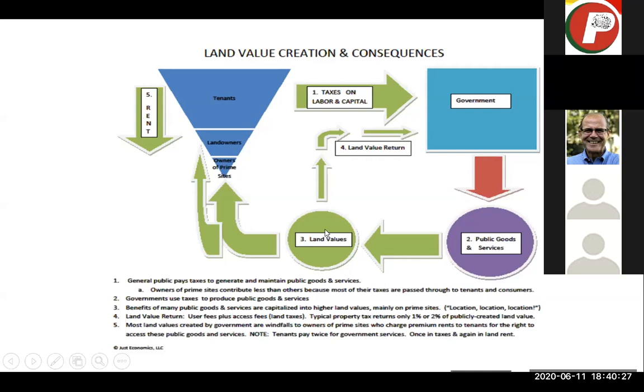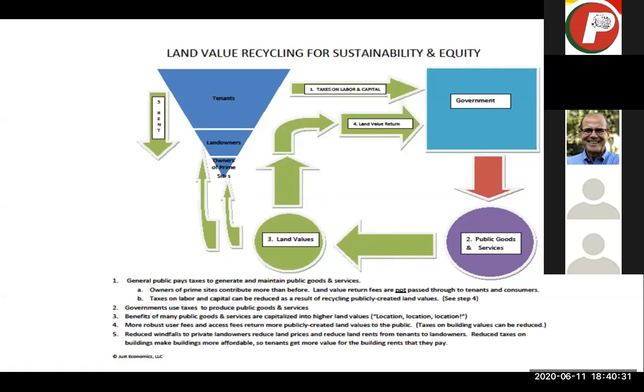And what we've proposed in terms of land value return and recycling is something that looks more like this. Here, as you can see, the return of land value to the public sector is more robust. And as a consequence, taxes on labor and capital can be reduced, which makes the economy more productive and more vibrant.